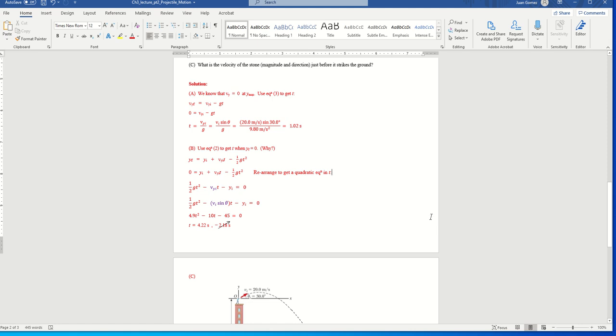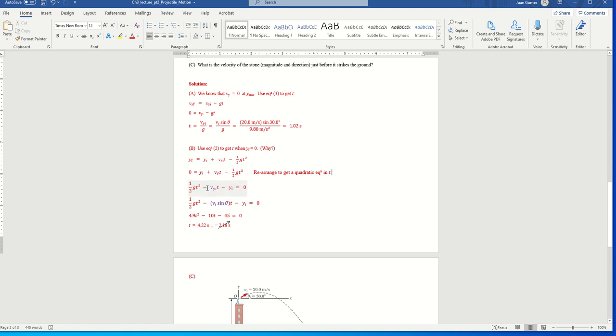It doesn't matter as long as you have an equation of the form at squared plus bt plus c. So the T squared term became positive. I'm bringing everything over to the other side, so the T term becomes negative, the Yi term becomes negative. Okay, so I get 1/2 gt squared minus Vyt minus Yi equals 0.